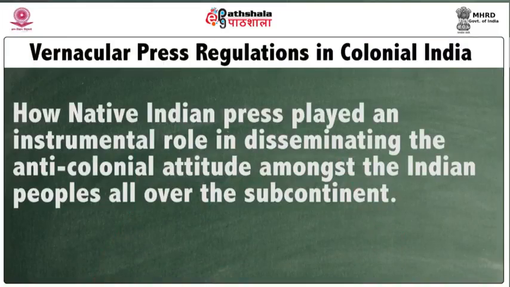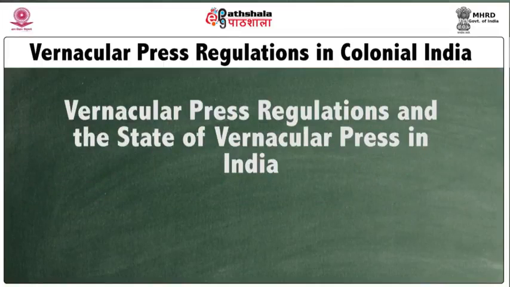Further, it looks at how native Indian press played an instrumental role in disseminating the anti-colonial attitude amongst the Indian people all over the subcontinent. Vernacular press regulations and the state of vernacular press in India is what we are going to study.